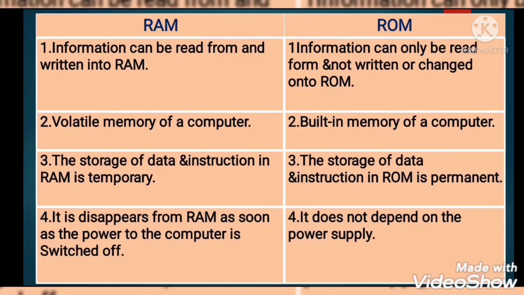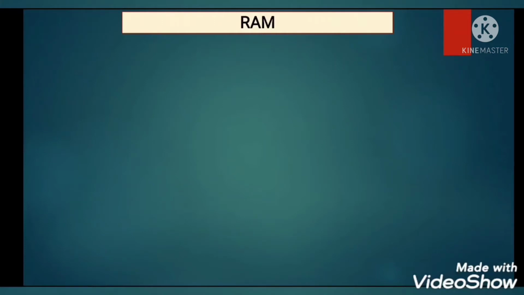At the same time, I want to tell you that RAM and ROM are both very important parts of our CPU. Without RAM and ROM you cannot run your computer, and both play a very important role in your computer.